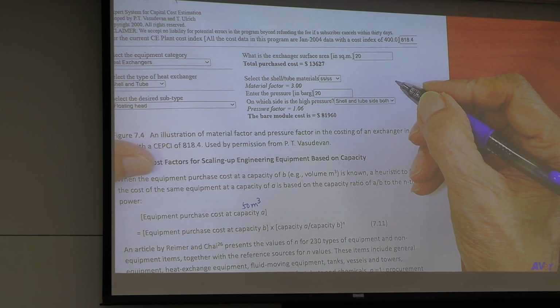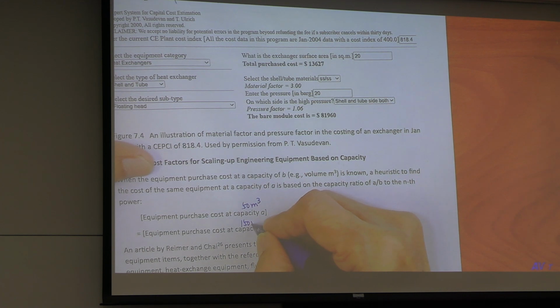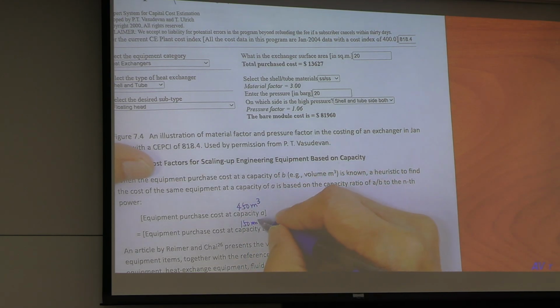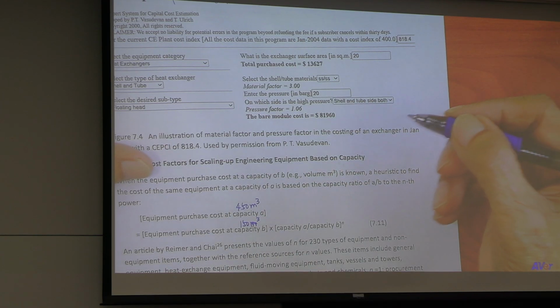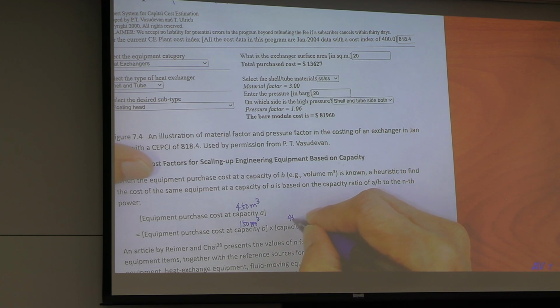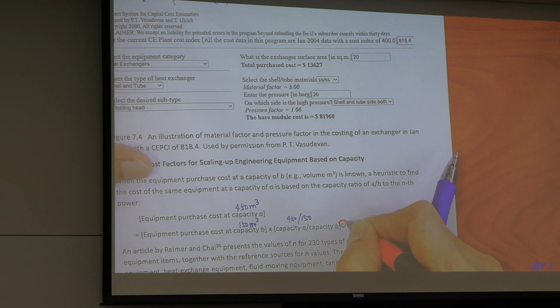Now you want to build it 3 times bigger. $150. Okay. Capacity A over capacity B, 450 over 150. What is the value of N?